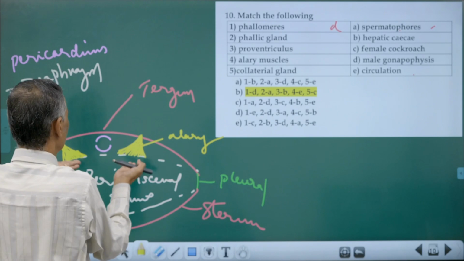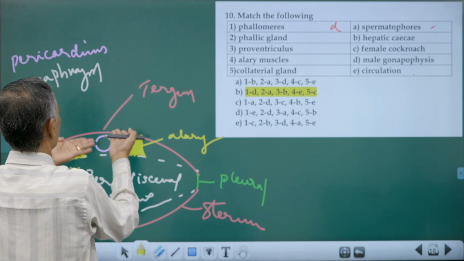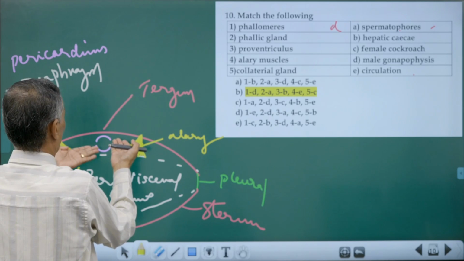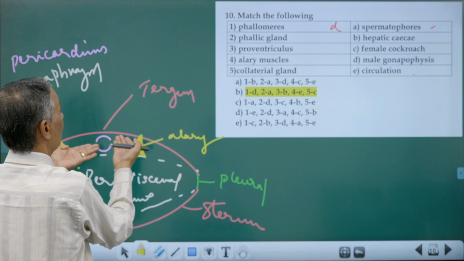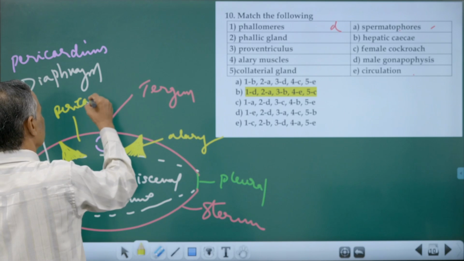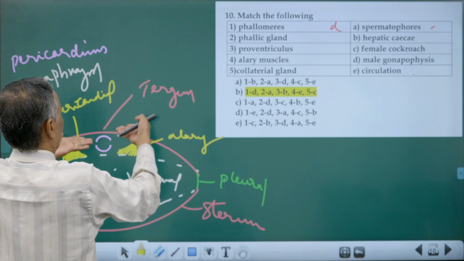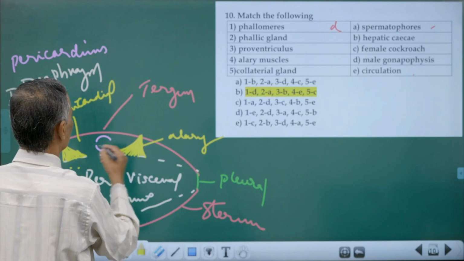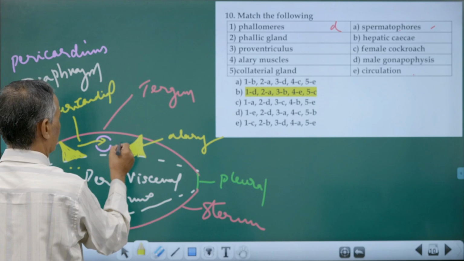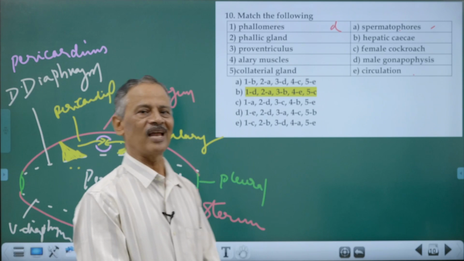When the diaphragm, that is the dorsal diaphragm or the pericardium, is moving up, the pericardial sinus, the upper cavity called pericardial cavity, becomes reduced, pressure increases, so blood enters from this pericardial sinus into the heart through the lateral ostia.